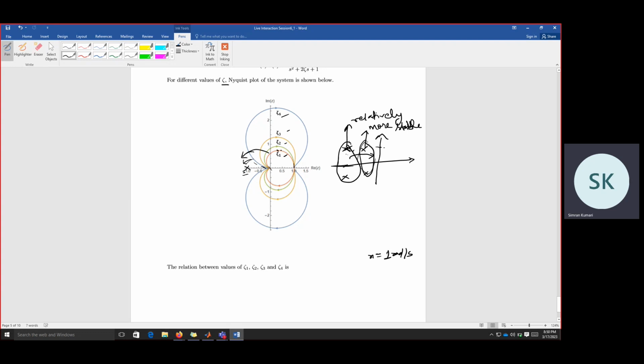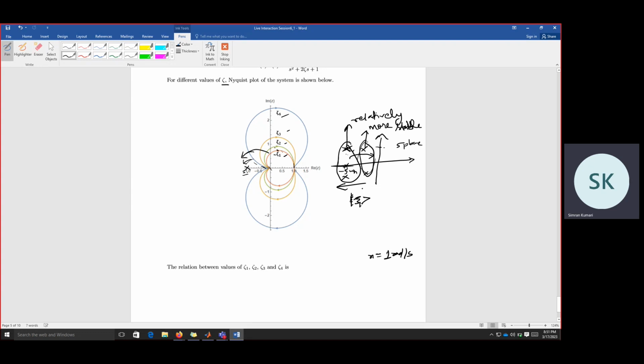So zeta 1 is farther from minus 1, j0 compared to zeta 2. The Nyquist plot corresponding to zeta 1 means the poles corresponding to zeta 1 are farther in the S plane. Zeta is positive only, and these poles have real part minus zeta omega.